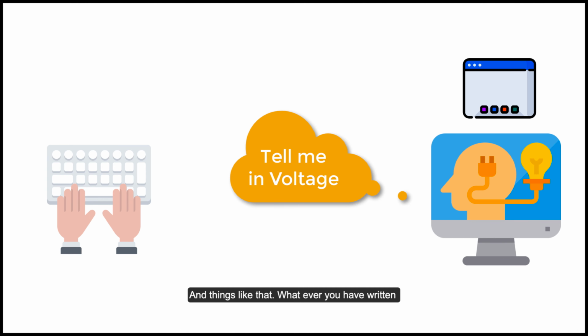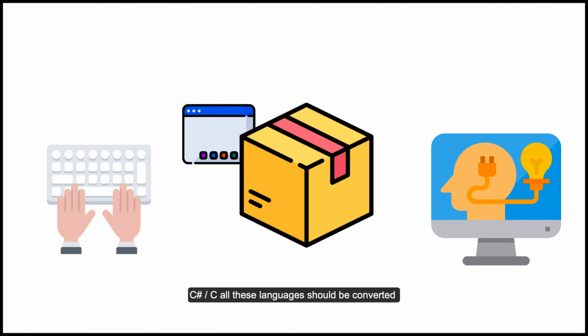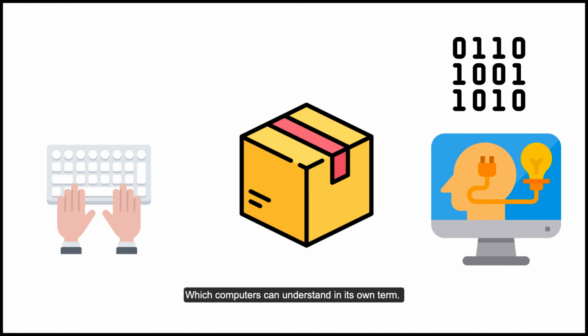So whatever you have written in the text editor, it may be Python, Java, C++, C#, C, all these languages should be converted into machine language or binaries or things like that, which a computer can understand in its own terms. This is the reason we need a compiler.